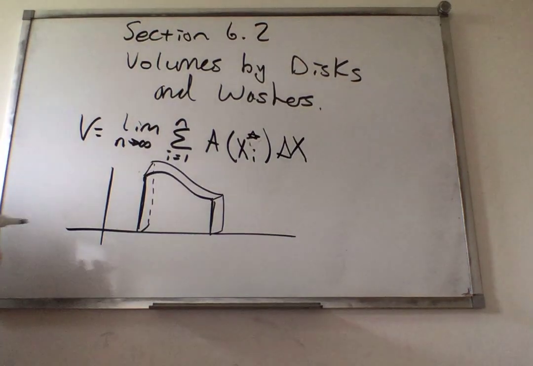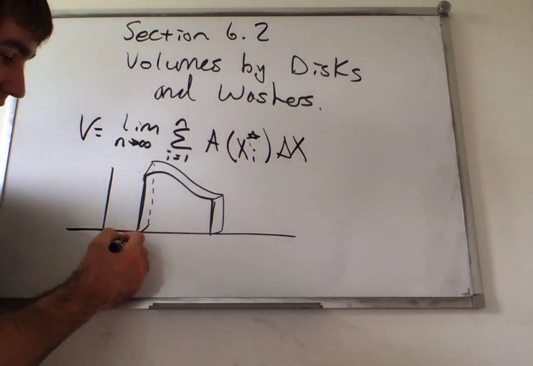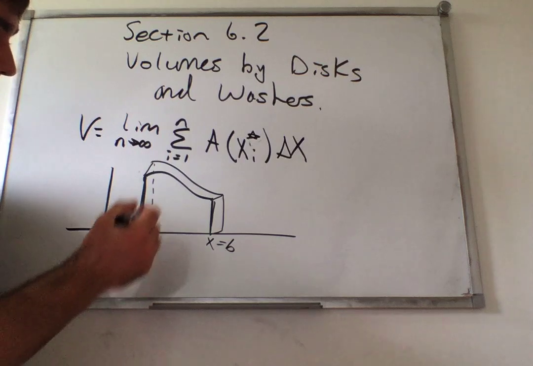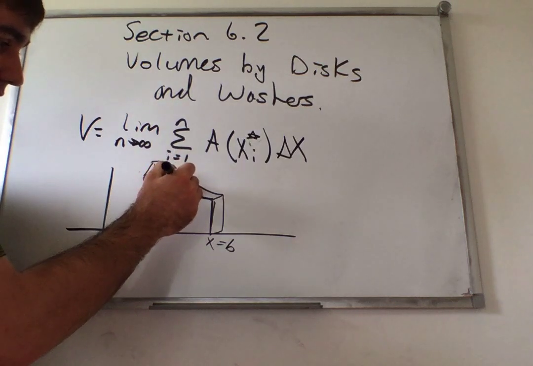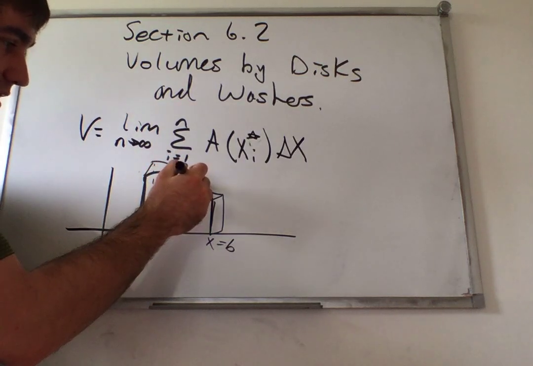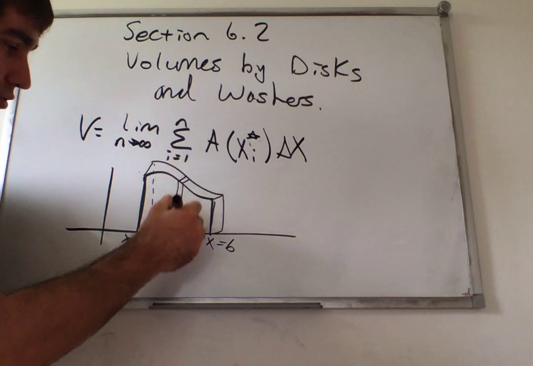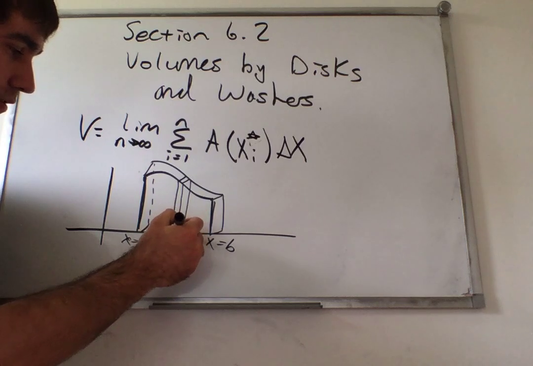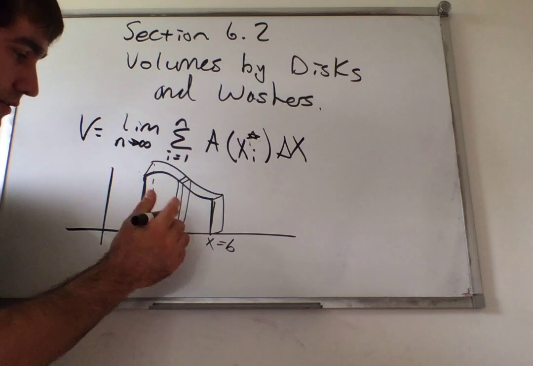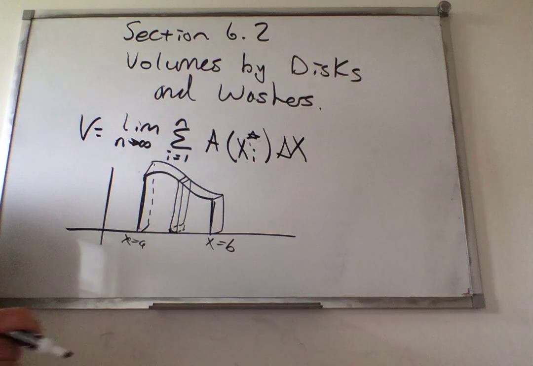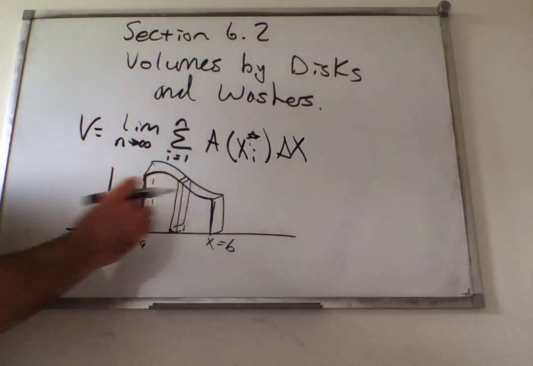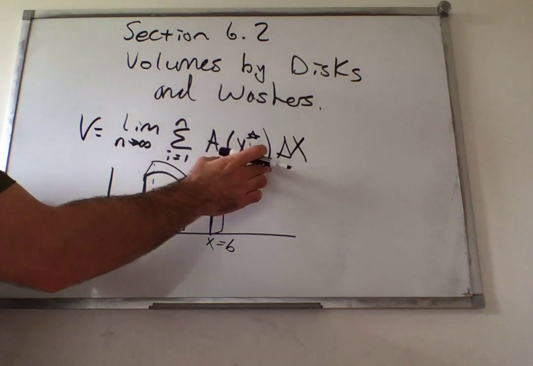What they mean is, if this is my solid S from x equals a to x equals b, and I were to look at a small cross-sectional area on here, and find the area of this very thin slice, that's what my A is.